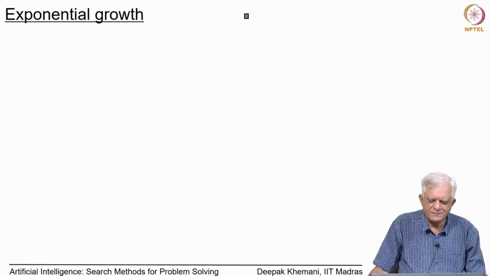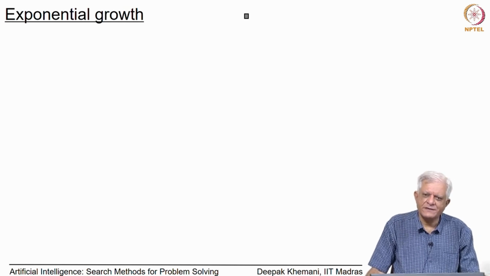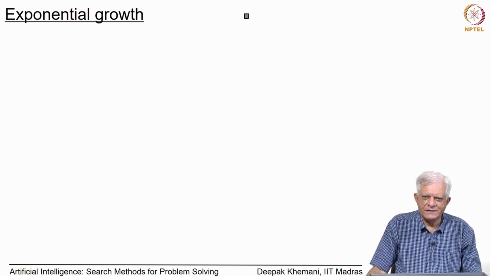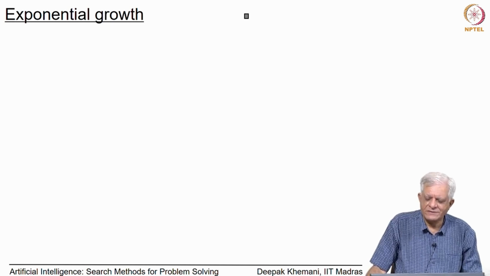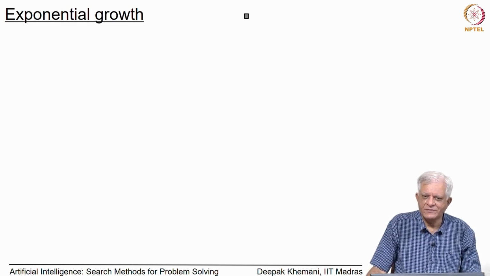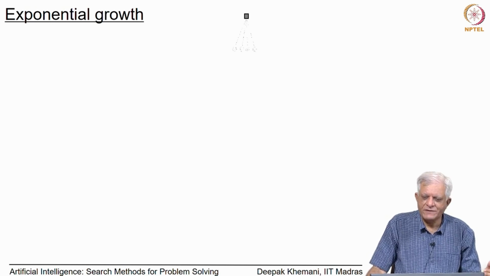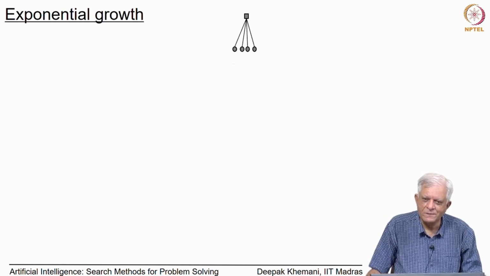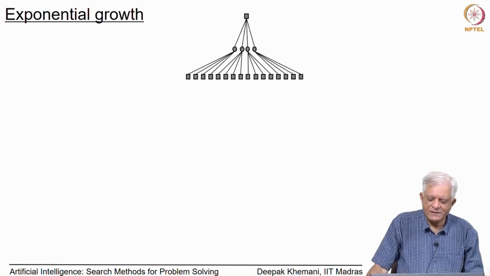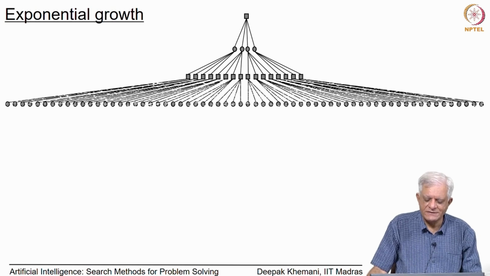The main problem is that there is exponential growth. Each player has a certain number of choices, and at the next level the next player has that many choices for each move made by the first player. And in that sense, as we have already seen in other situations also, the game tree grows exponentially.